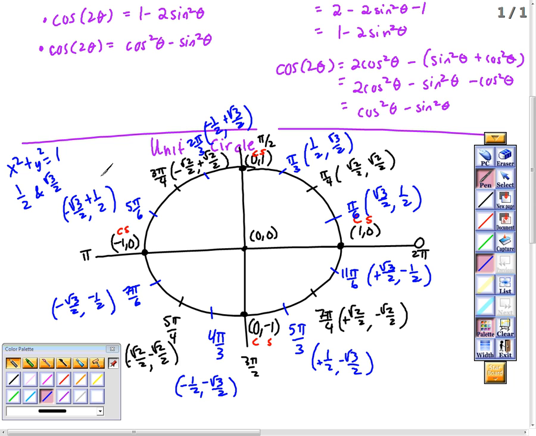If I start at 0 and go all the way around, I've also gone 2 pi radians. So the conversion is 2 pi radians equals 360 degrees. So pi radians is equal to 180 degrees. So pi over 4 will be 180 divided by 4, which is 45 degrees.